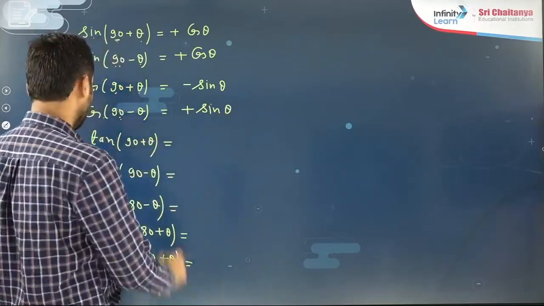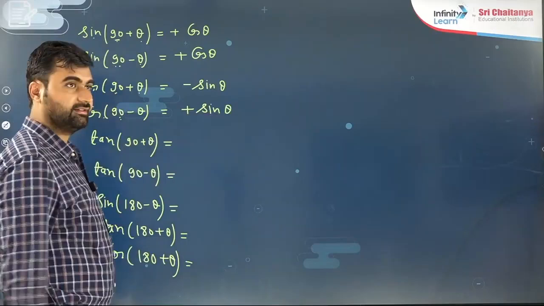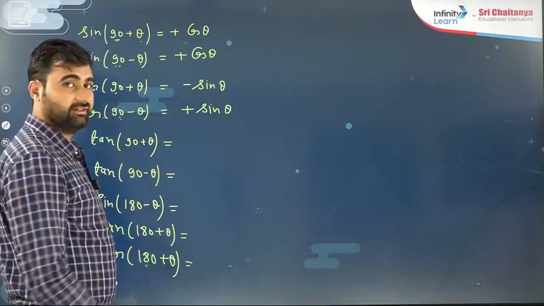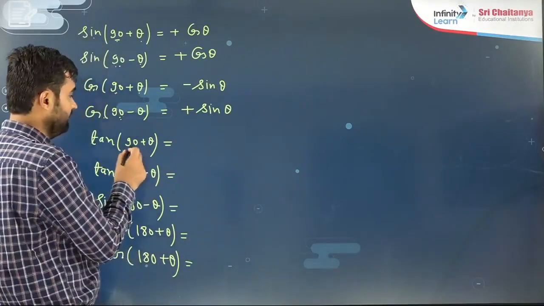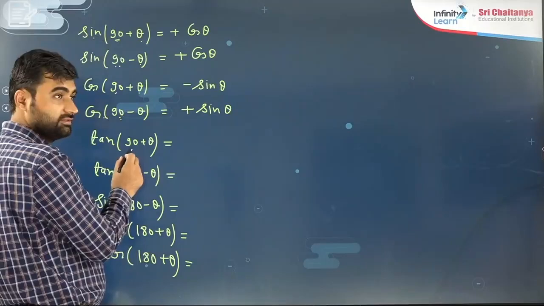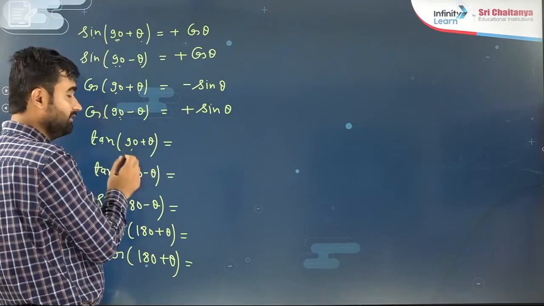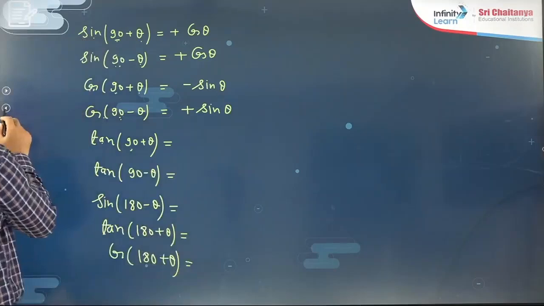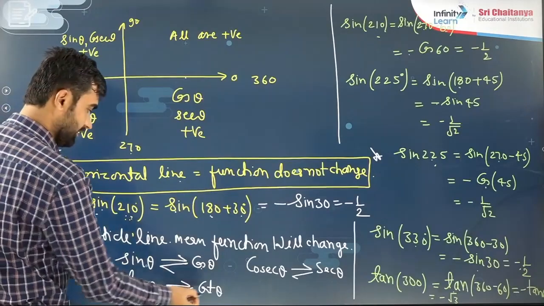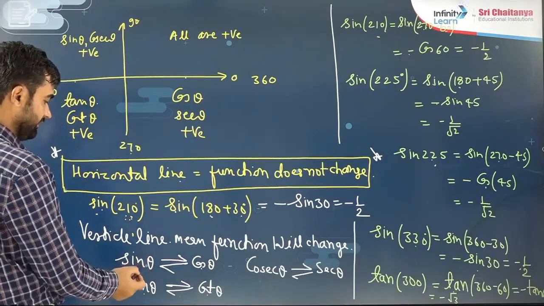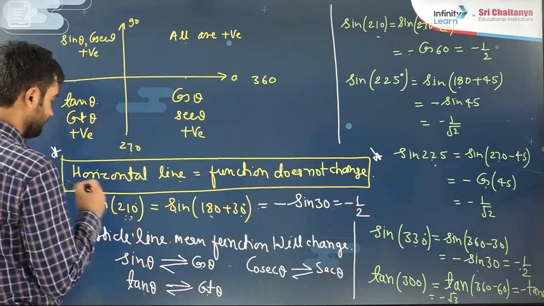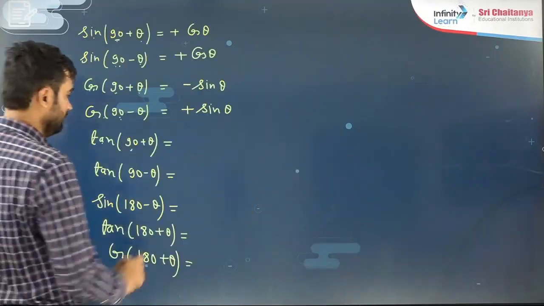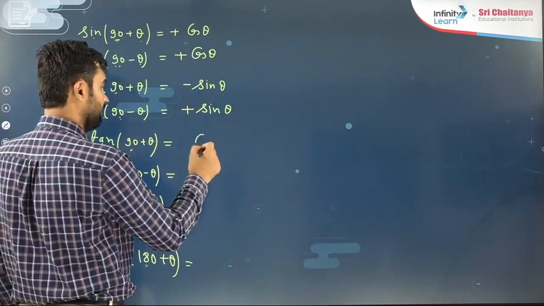Okay. Now tan 90 plus theta. First of all, which line? Vertical. So tan will convert into cot. We discussed it there. You can see here: with a vertical line, tan will convert into cot, and cot will convert into tan. So first point, tan will convert into cot.